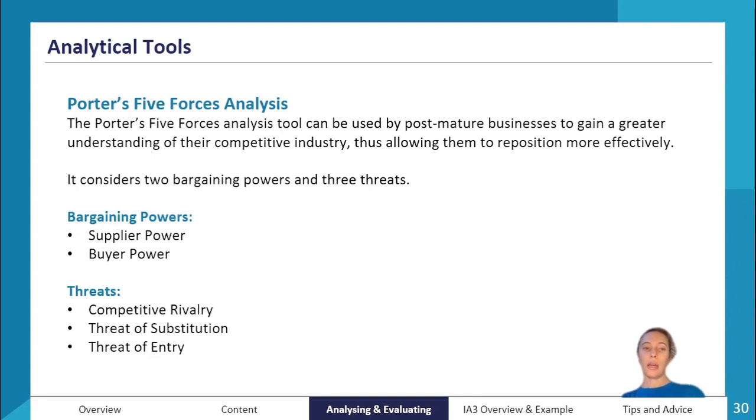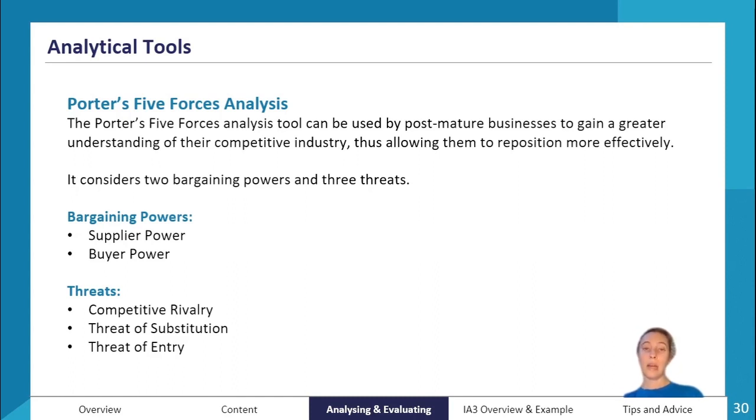It involves two bargaining powers and three threats. Your bargaining powers are supplier power and buyer power, and your threats are competitive rivalry, threat of substitution, and threat of entry. Most of these are straightforward based on the names. Suppliers: it's about how powerful the suppliers are in that relationship.